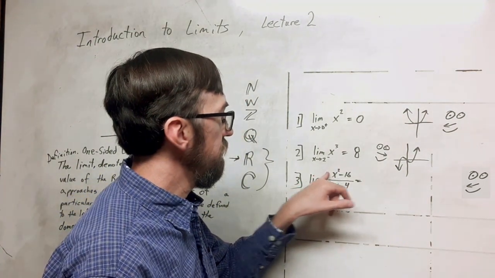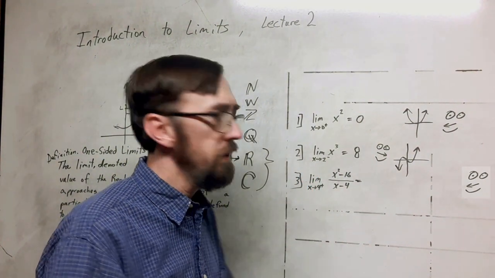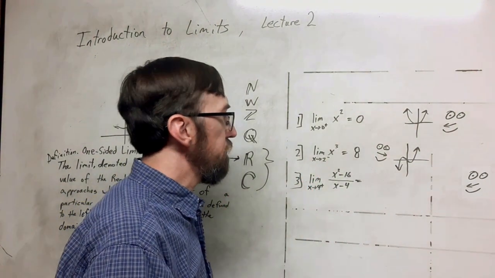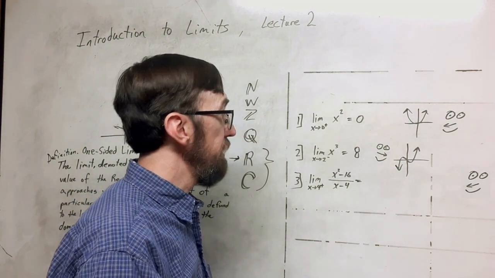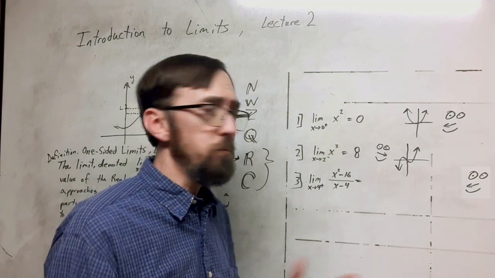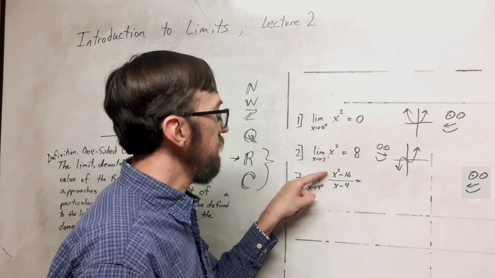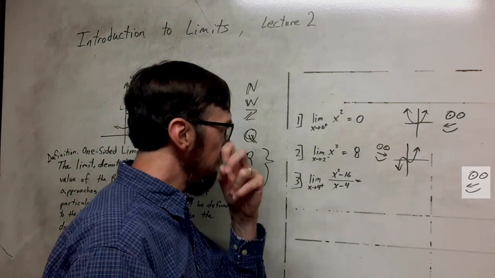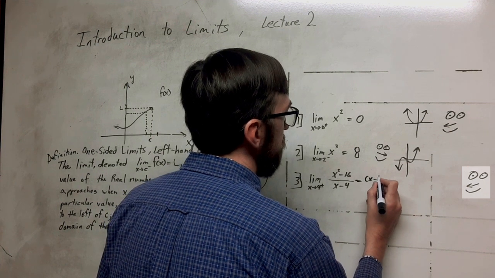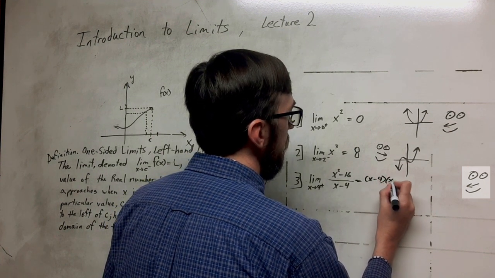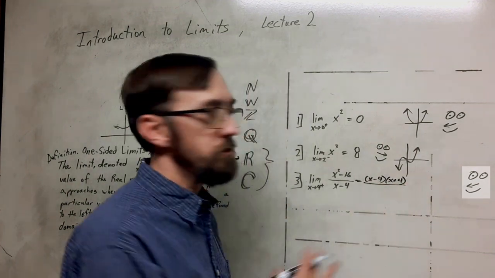Notice in the numerator here, this is a factorable polynomial. You can use a variety of ways to factor that depending on your background and memory, or you could use a table of factors to look this up, but we want to notice that this is factorable. It's going to factor into two pieces, x minus 4 and x plus 4. And you can go ahead and check that if you want.